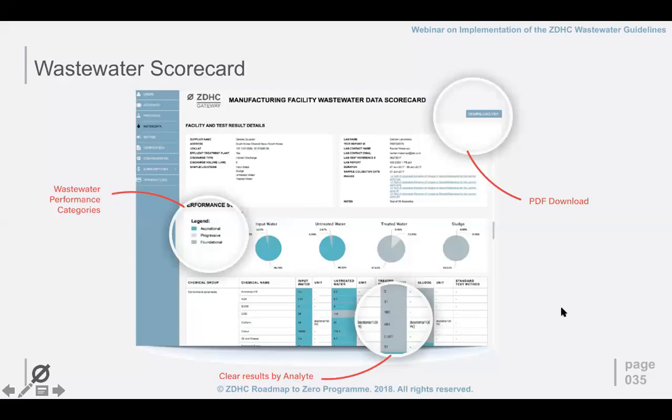As you can see on the scorecard, this vital information is right at the top, and then in the middle section you have essentially the executive summary of your test result, where it breaks down whether the factory's wastewater test result meets certain requirements, for example, foundational, progressive, and aspirational. And further down, it will provide you with a line-by-line test item and test result. And of course, you can download this as a PDF report to share with your business partner. Next slide, please.